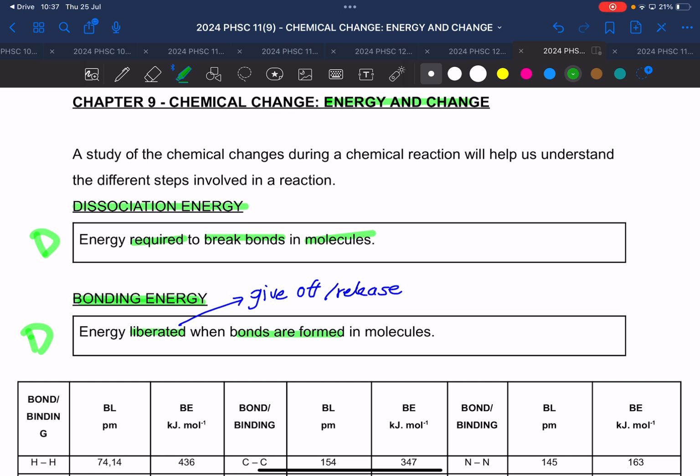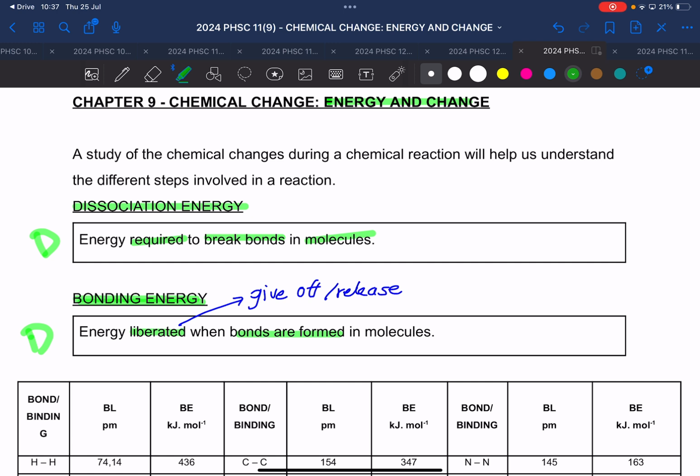If I want to break the bonds, it is called dissociation energy. And if I form a bond, it is called bonding energy. When I break a bond, I need energy. It's difficult to break this bond, so I need energy, the energy needed to break the bond.